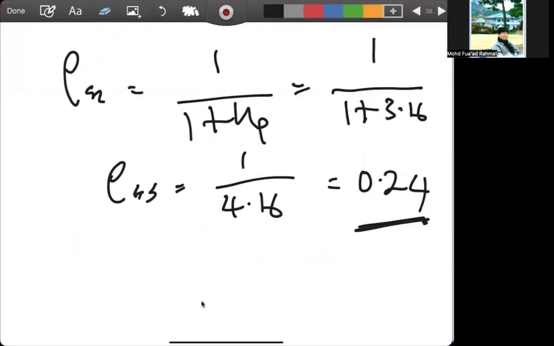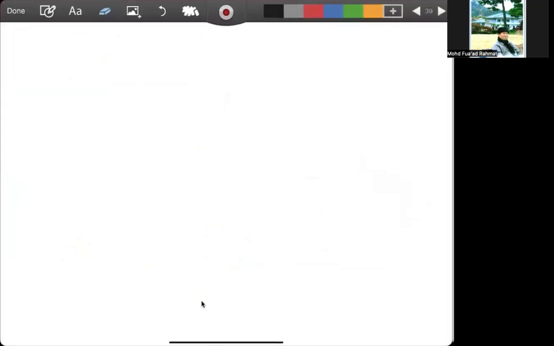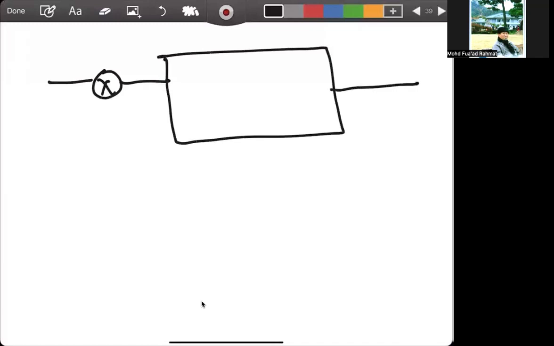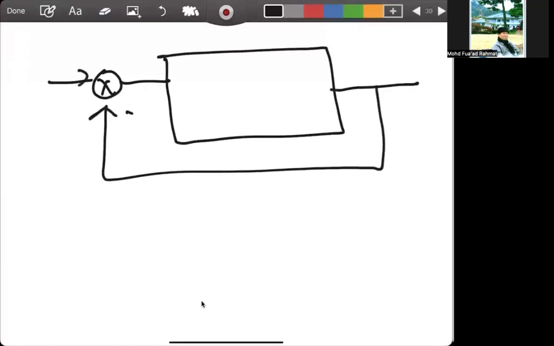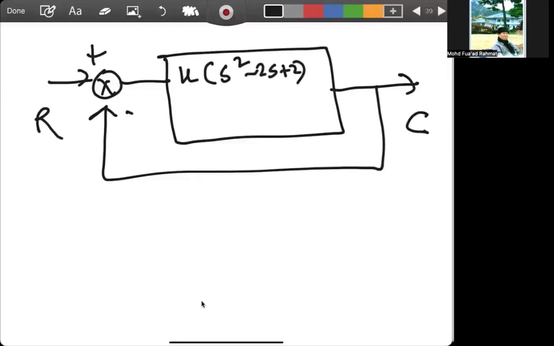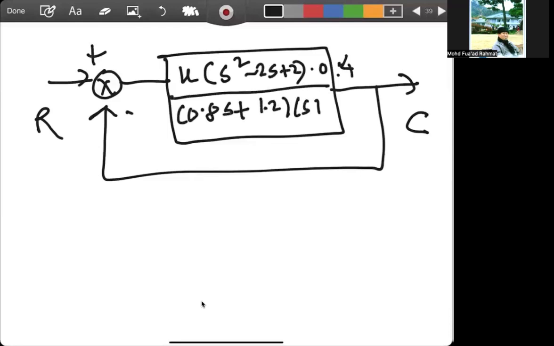So what I will do is we simplify the forward path, where this one is 0.4 over. Okay. Find the closed loop transfer function.